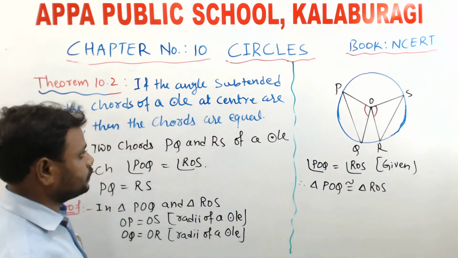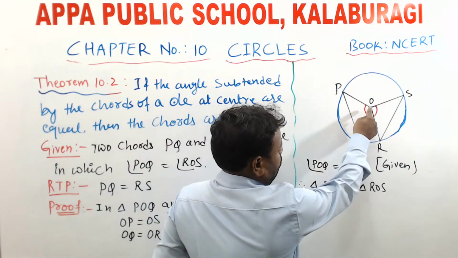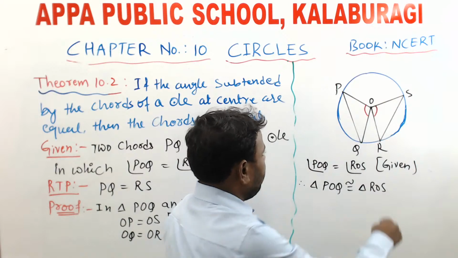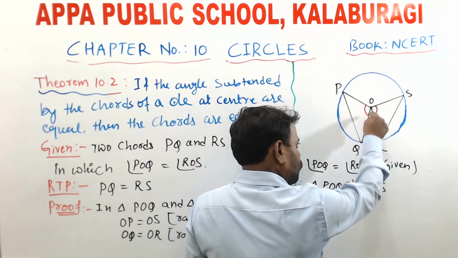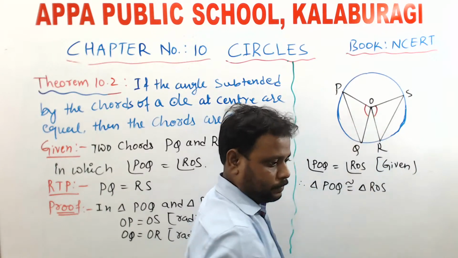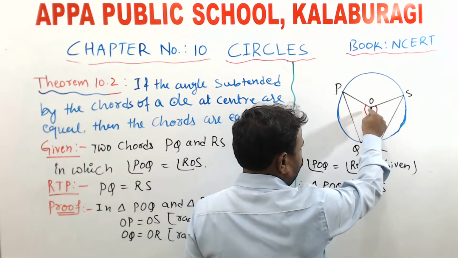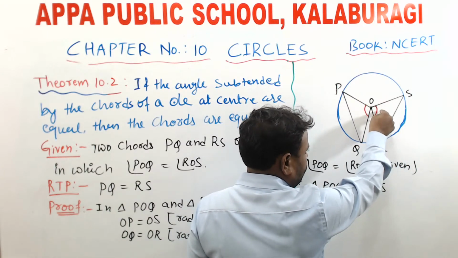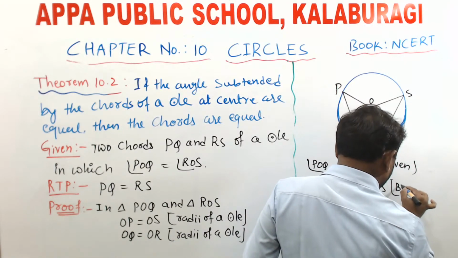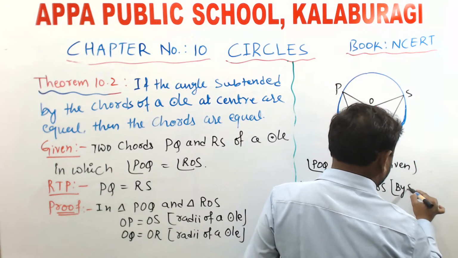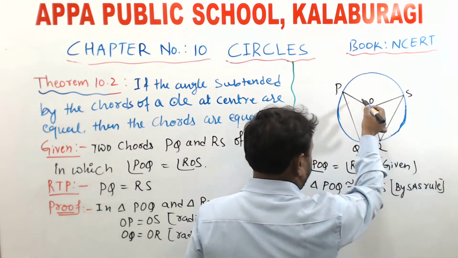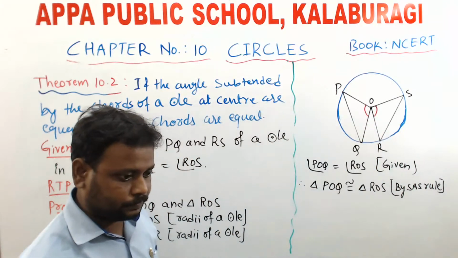So these are the steps we have written. See, sides OP and OS are equal, and OQ and OR are equal. So these two sides and the included angle; here also two sides and one included angle. So by which rule do you have to write it? SAS rule, side angle side rule.